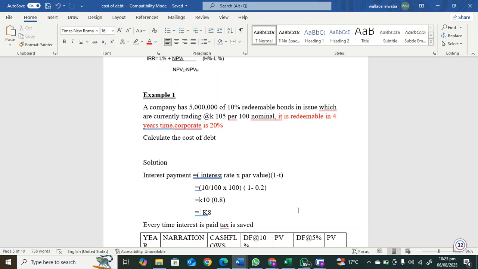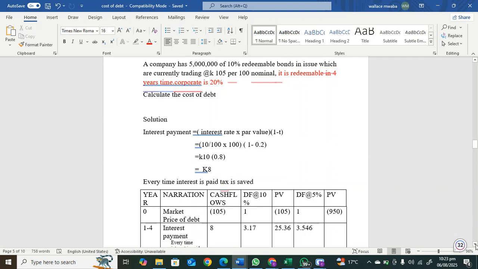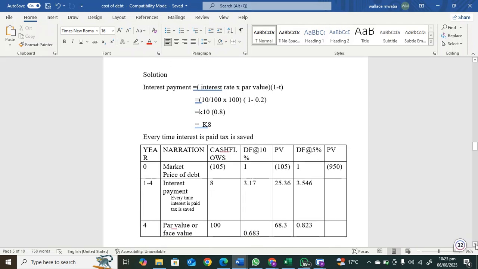After you find the after-tax interest payment, this is step one, now we're going to use the internal rate of return for calculating the debt. You don't need to make this table, but it's advisable.